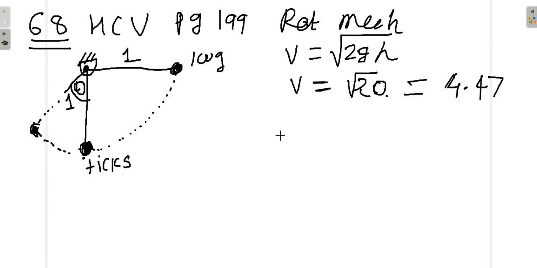So what is the initial momentum? The mass is 100 gram, so 0.1 into 4.